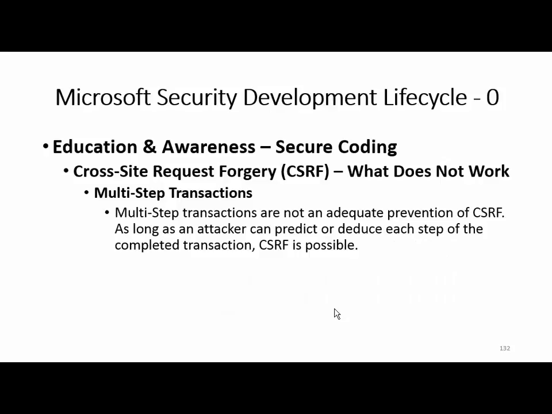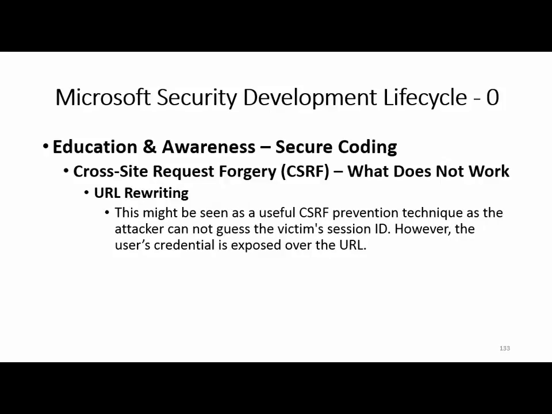Multi-step transactions don't work either. If the attacker can figure out that things happen in a lockstep type of way, they can predict or deduce what's going to happen next. So again, it will still be possible for a cross-site request forgery to take place. Then there's URL rewriting.